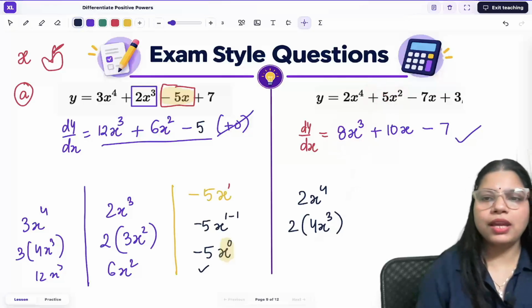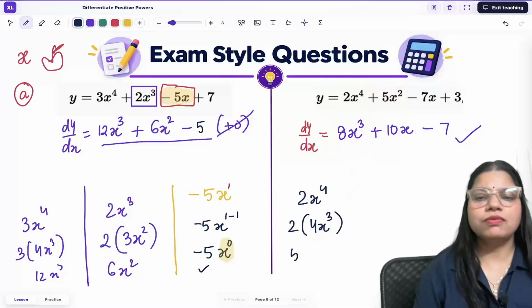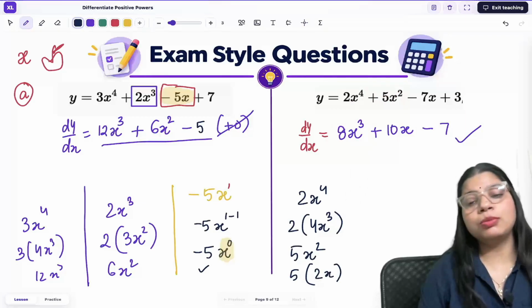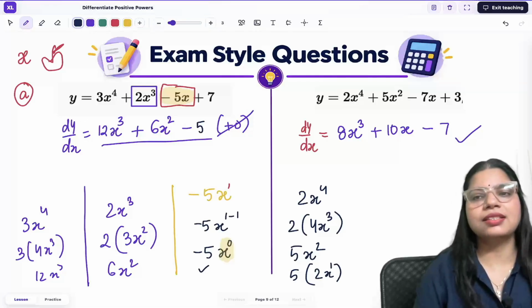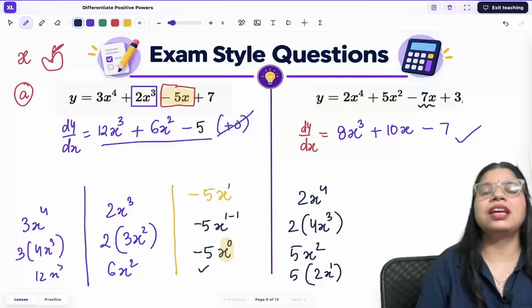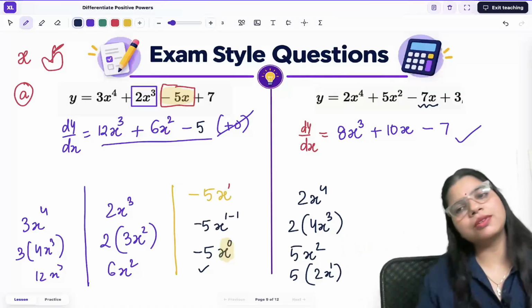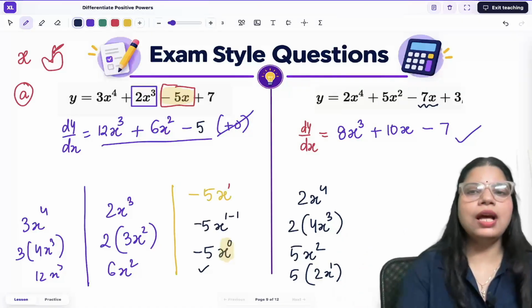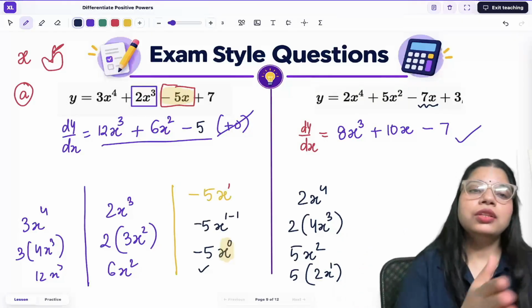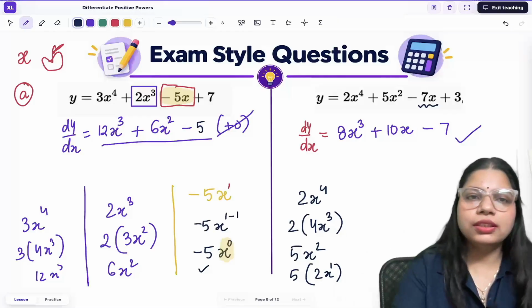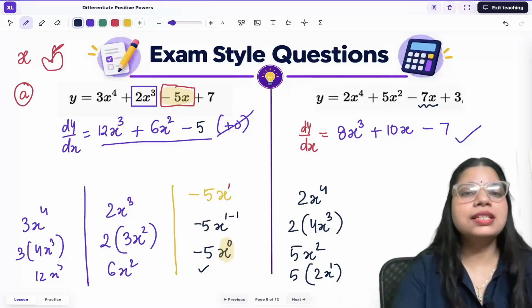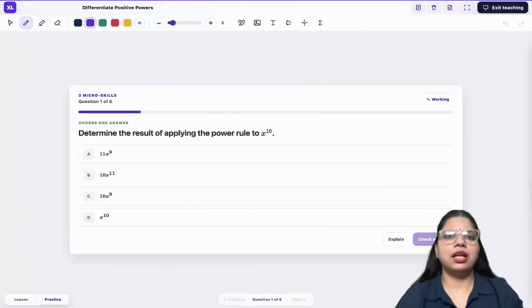Keep 5 aside, 2 times x, and the indices is 2 minus 1, that is 1. So 10x. And when you have just x, it gives you the coefficient of x only, and the constant goes 0. That's all about understanding the first part of the differentiation, where we only discussed positive powers.